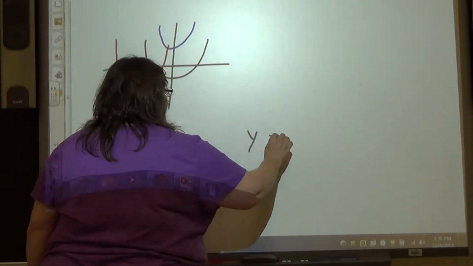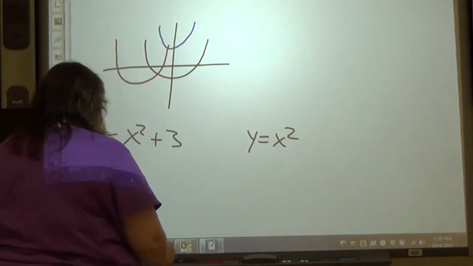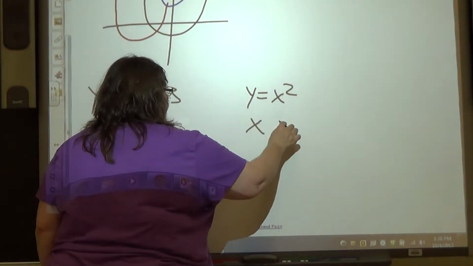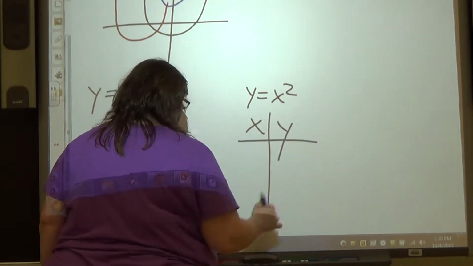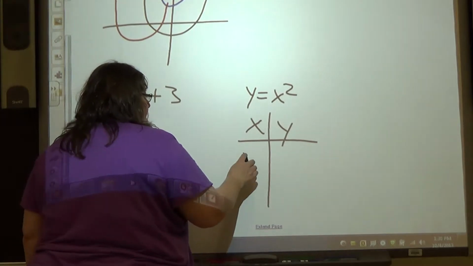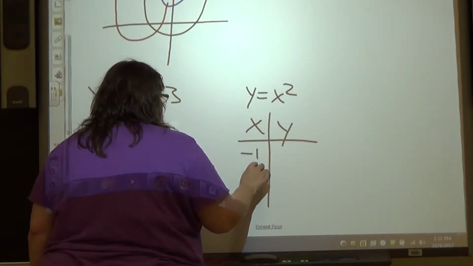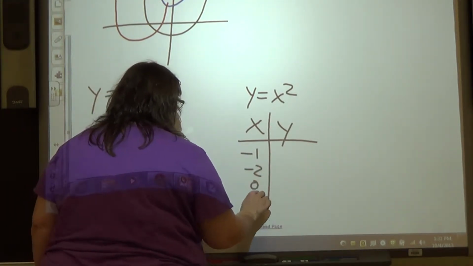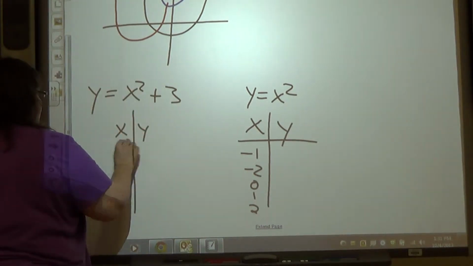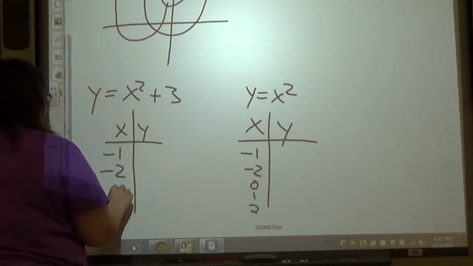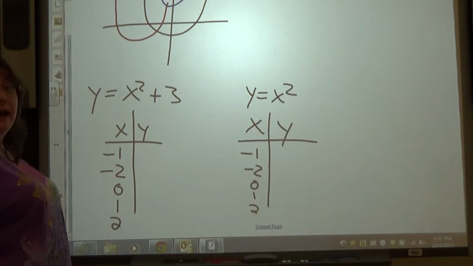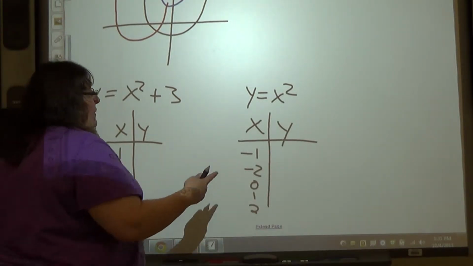Well, let's look at y equals x squared. Okay, and compare it. If I make a table of values, all right, I'm going to make a table of values here. If I pick -1, -2, 0, 1, and 2, and I do that here as well, okay, and plug them in, I can look at how these graphs differ, okay?